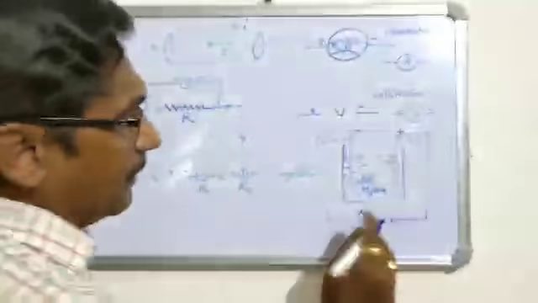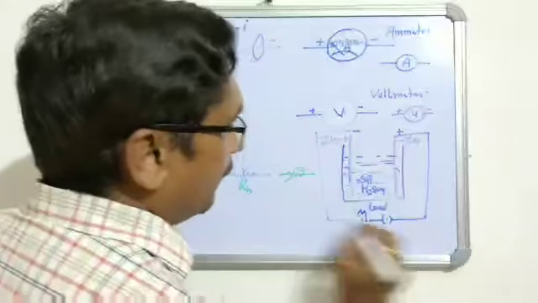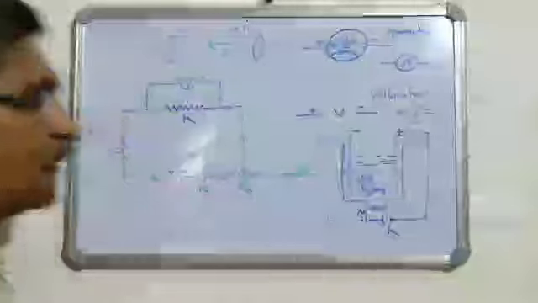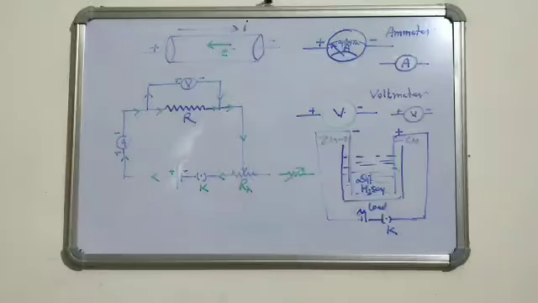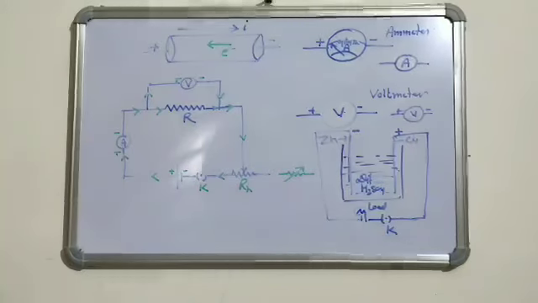This is a bulb or load. This device maintains the constant potential difference. A group of cells is called a battery. Two or more cells used combined are called a battery.